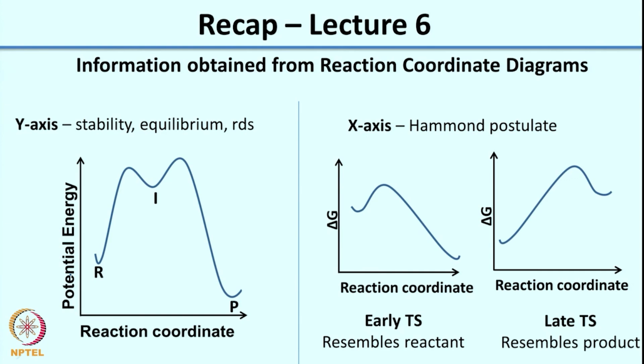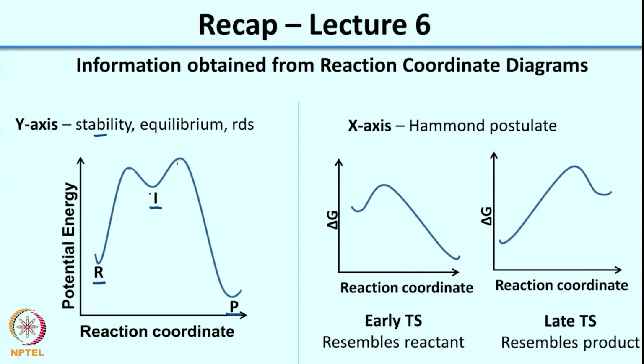So one thing that you get from that is the stability. If I look at the energy of R and the energy of P, since the energy of P is lower than the energy of R, we can say that P is more stable than R. The other thing you can say is whether there is a possibility of equilibrium. And the third thing that we can say is which would be the rate determining step.